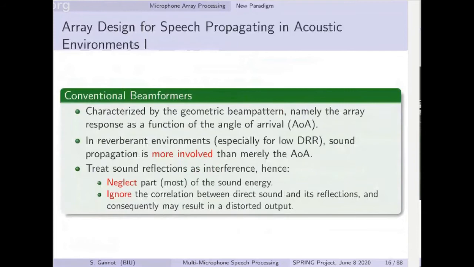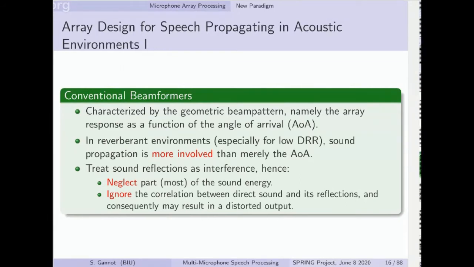Okay, so now for the new paradigm that I would like to stress here. Rather than working with direction of arrival only, like the classical beamformers that were adapted from array processing, usually radar and communication, in a remote environment we would like to work with the entire impulse response.